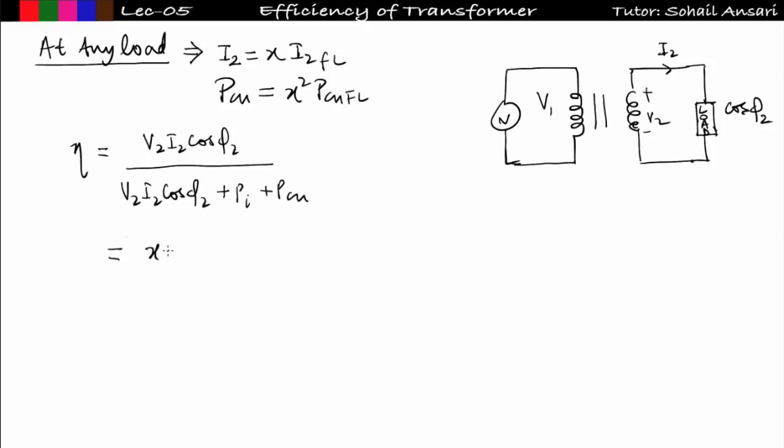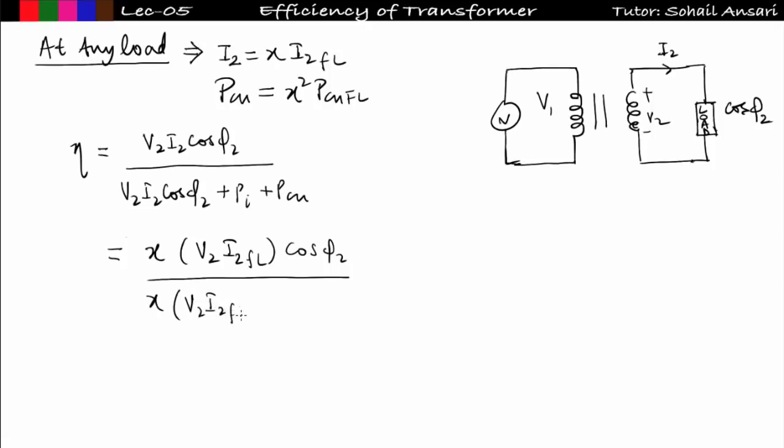You will get X times V2 I2 full load into cos phi 2 upon X times V2 I2 full load into cos phi 2 plus Pi, and copper loss can be represented as X square times the full load copper loss.